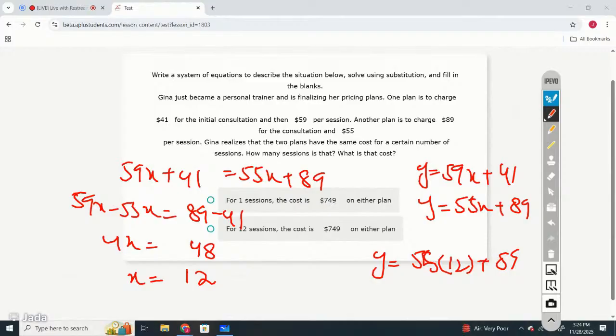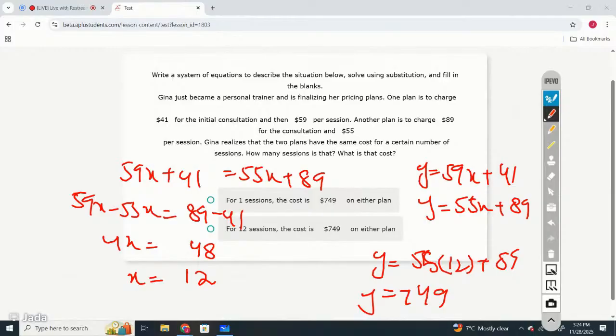So let me just do the calculations. 55 times 12 is 660. 660 plus 89, that is 749.